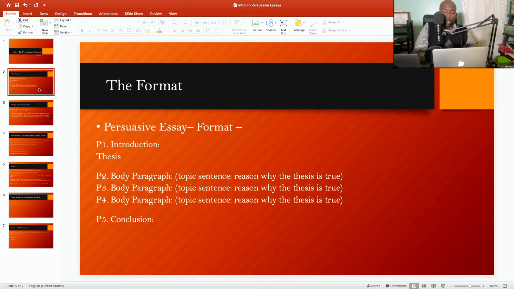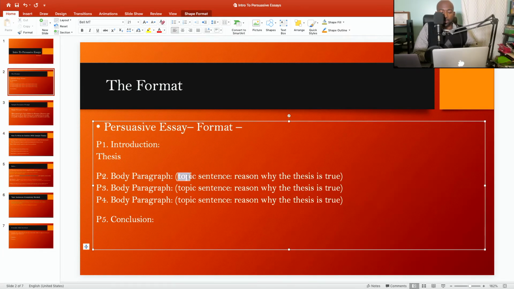Why? Well, just a reminder of what a topic sentence is. It's a reason why to support the thesis, but it's also the main idea of a body paragraph. So there are three body paragraphs in the middle, and you want to have three topic sentences. Each one is one idea for one body paragraph. So what could happen if you have topic sentences that all mean or say essentially the same thing?